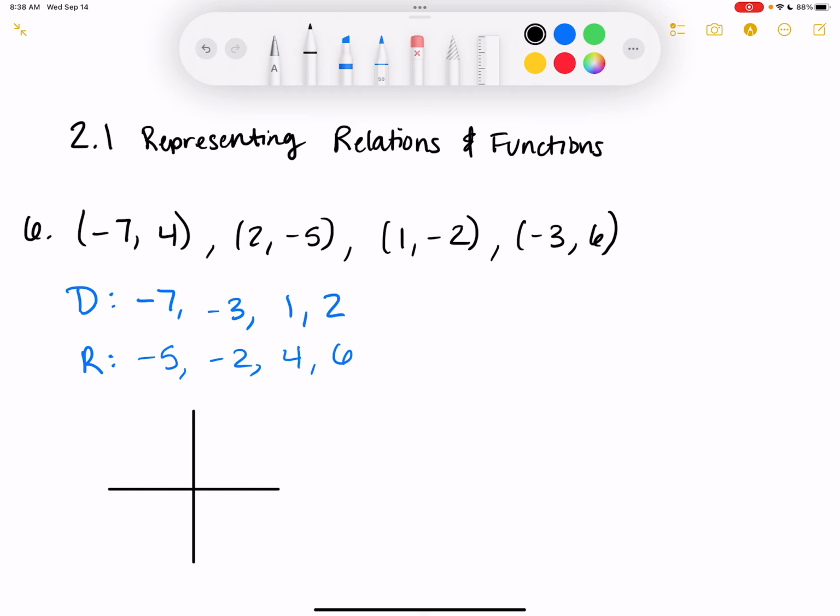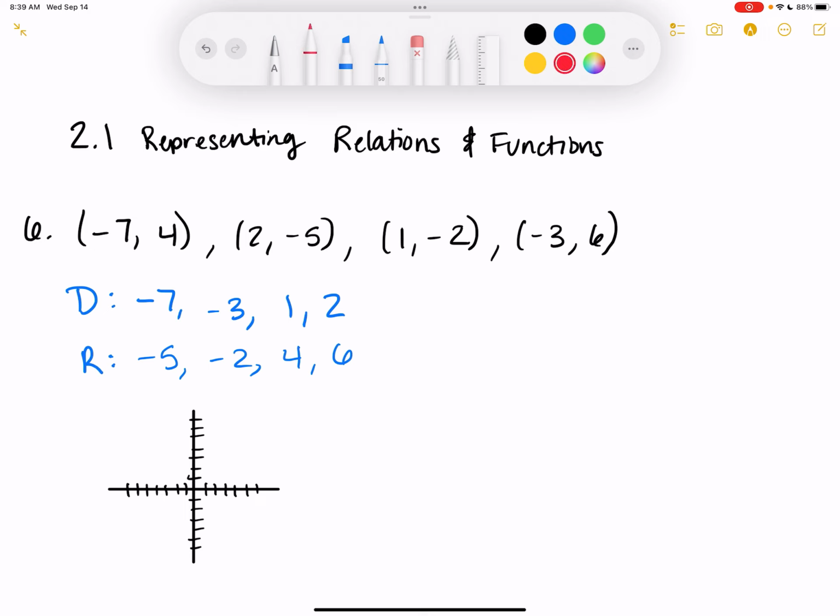You can kind of wing it a little bit. I don't measure everything exactly, so it's just an approximation.